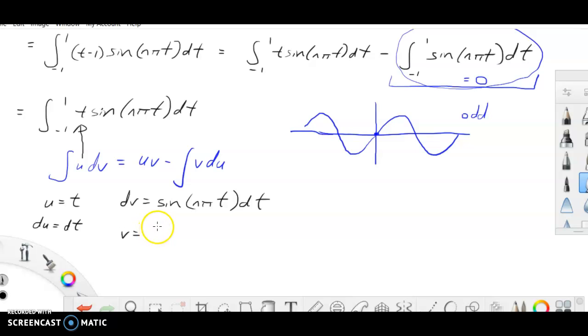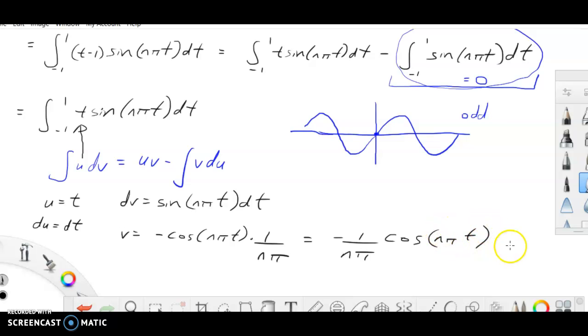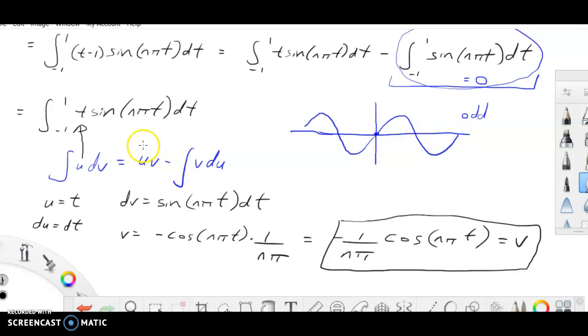So v is going to be, sine integrates to minus cos, so it's minus cos n pi t multiplied by the first derivative of what's inside the brackets. That's n pi. So that tidies up a bit to minus 1 over n pi times cos n pi t. So this is v here. This is the v we're going to use when we construct our solution. So I'm just going to move down the page a wee bit.